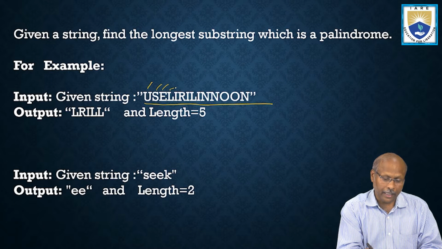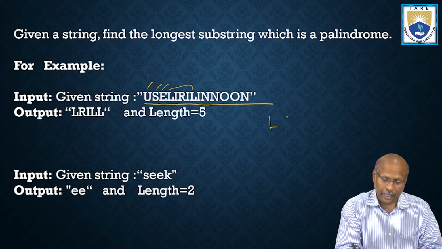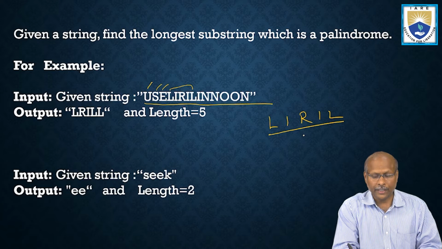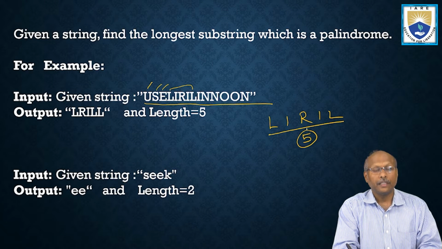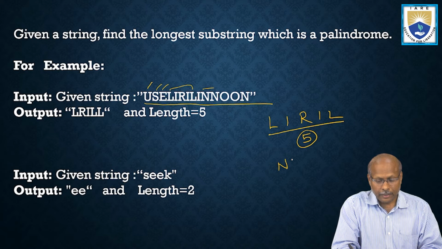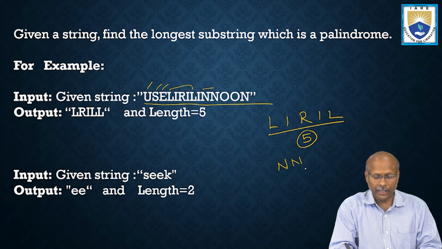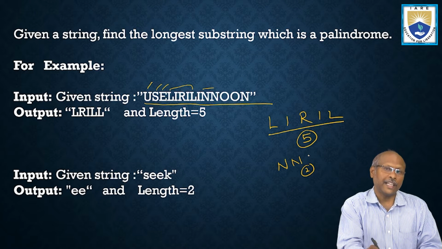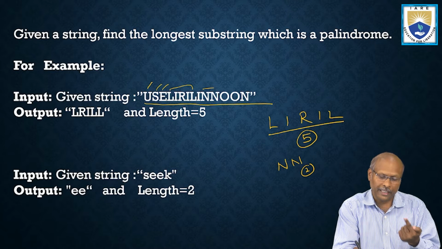Here if you observe, L, I, R, I, L, "literal", is already a palindrome whose length is 5. Now again, N, N is also a palindrome, but its length is 2. All single letters are always palindromes, though their length is 1.